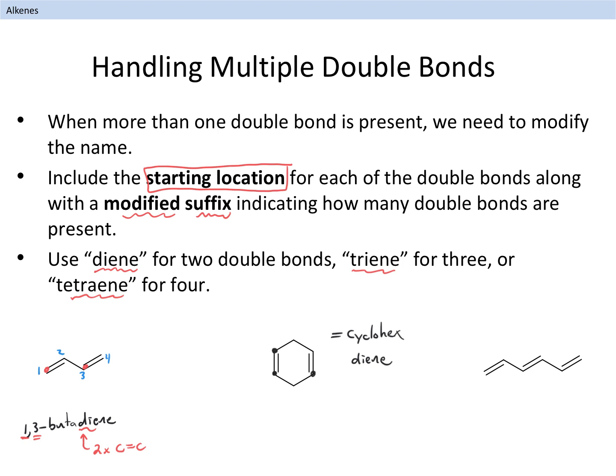If we start our numbering at one of the pi bonds, and continue numbering around the ring, we see that the second pi bond starts at carbon 4. We can attach these location numbers to the beginning of the name, before the parent chain, to give a final name of 1,4-cyclohexadiene.